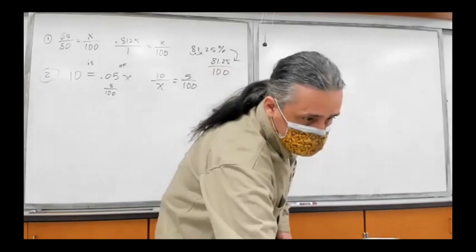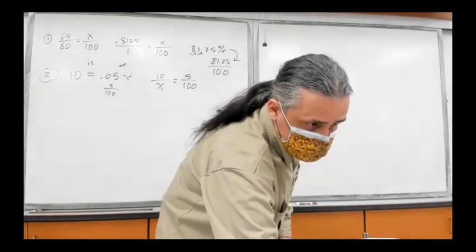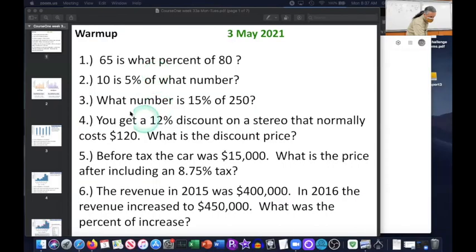Okay, and then we've got the next problem. The next problem, again, is of basic percentage. So now, what number is 15% of 250? We don't know what it is, the variable. "Is" means equals, and then it said 15% of 250. Okay, so this is how we could set that up.